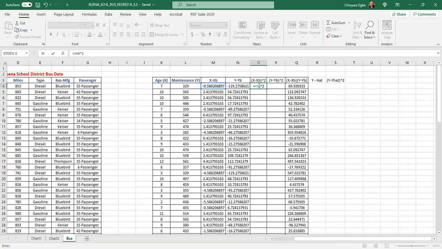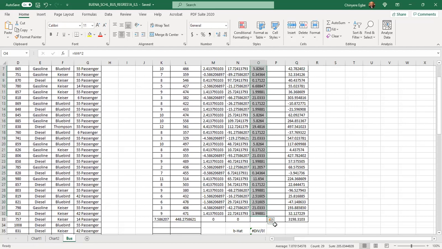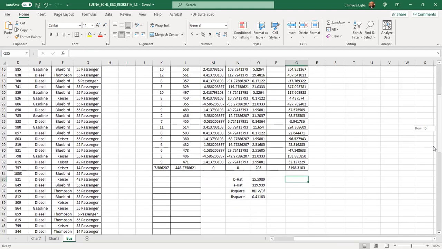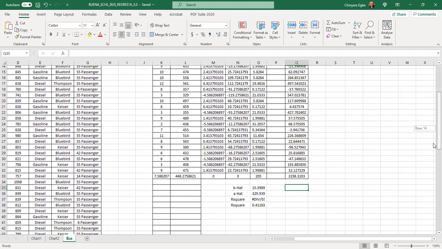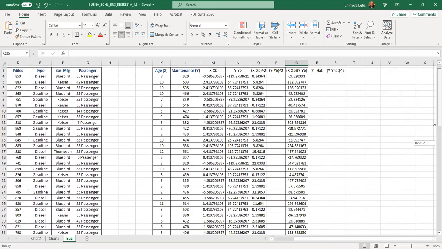So we square it, and we sum that. Now we're going to use that to estimate b hat.